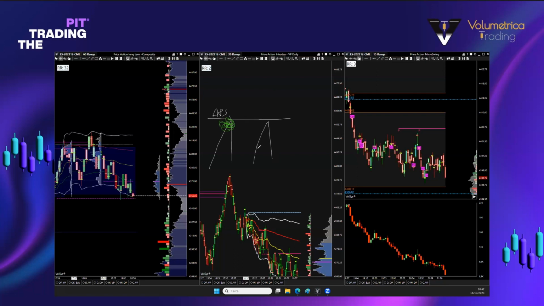So maybe during the move we have a strong volume, strong delta. As price reaches a specific level, we just don't see any buyers, or at least way fewer buyers than we used to have during the main move.